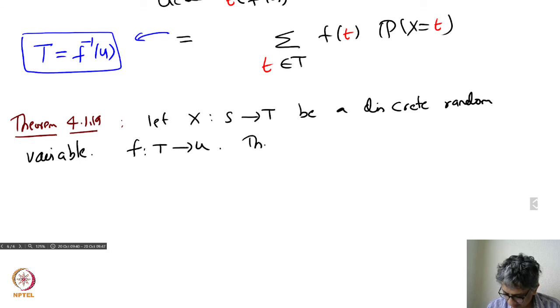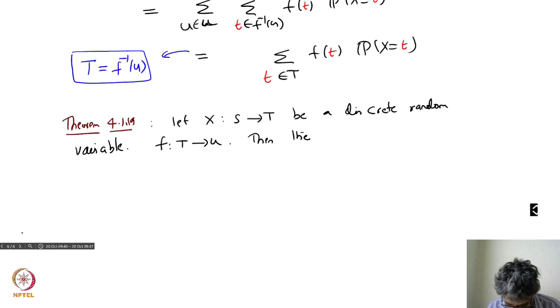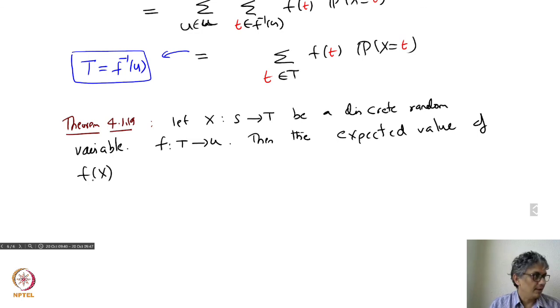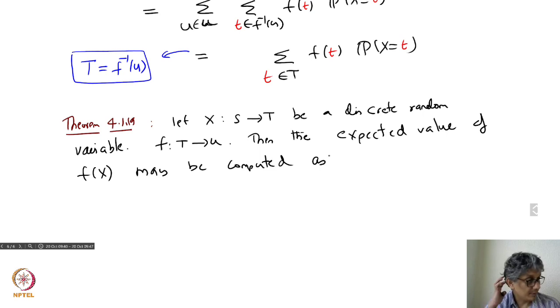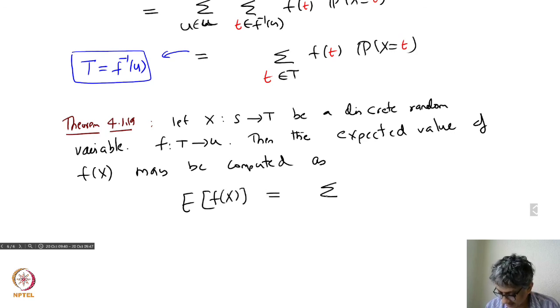Then the expected value of f of x may be computed as: E of f of x is the same as the sum over t in T of f of t times the probability mass function of x, which is the probability x equals t.